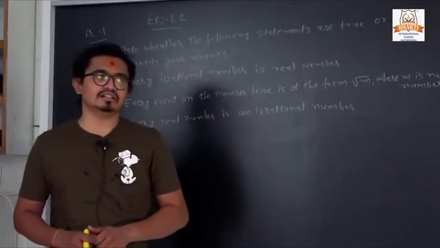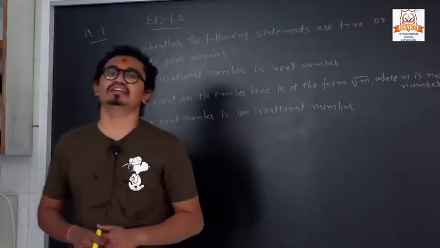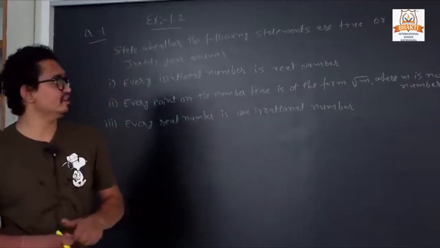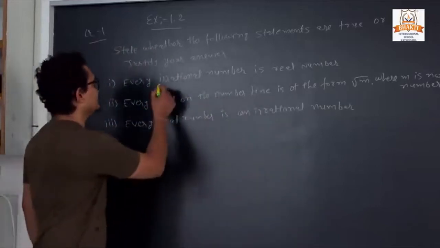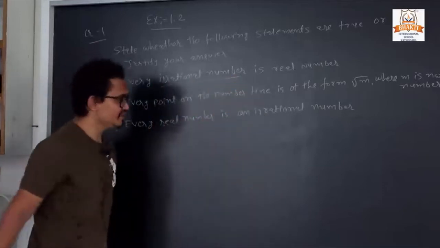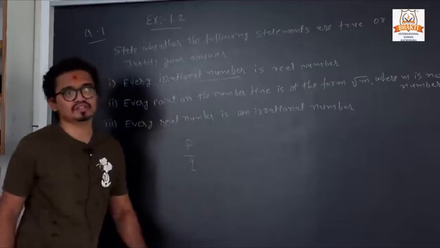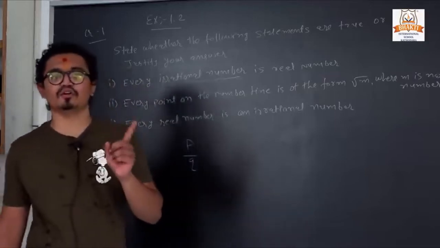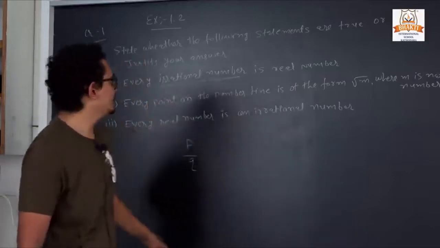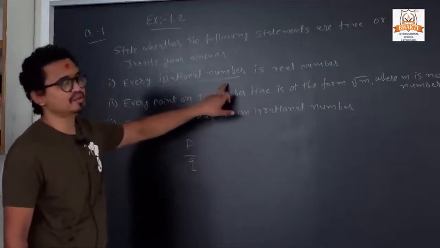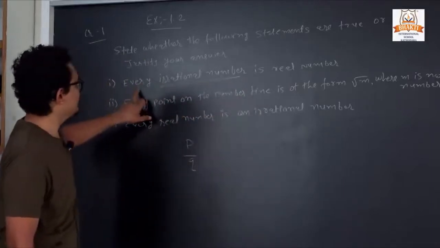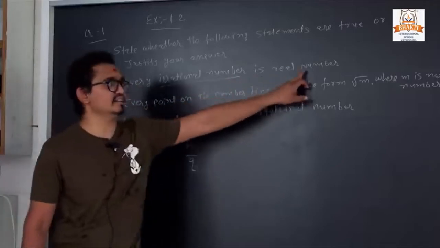Last time we discussed what an irrational number is. The definition of an irrational number is a number which is not in the form of p by q. So they are asking, every irrational number is a real number.